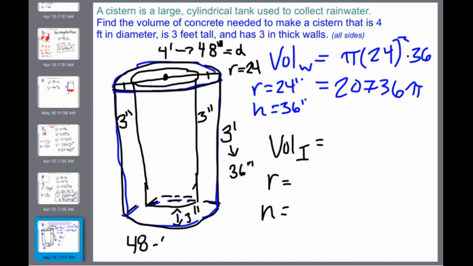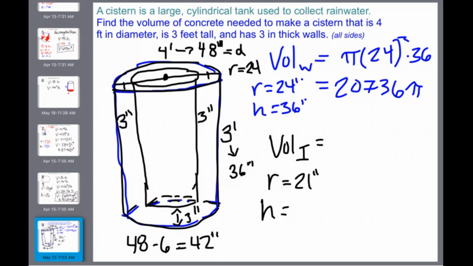So we're shaving off 6 inches, which gives us 42 inches for the diameter of our inside volume. And if we divide that by 2, that's going to give us 21 for our radius. So we have 21 inches as our radius on our inside container.